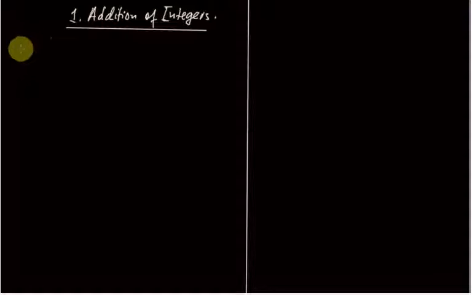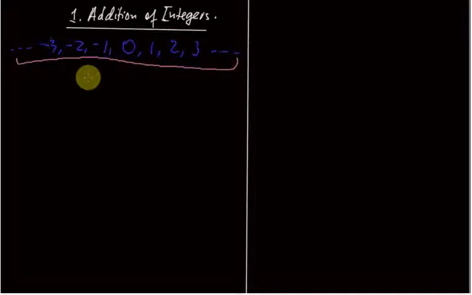So negative counting numbers, we can start as down as from -3, -2, -1, and then 0, and then counting numbers themselves, 1, 2, 3, etc. So these are what we mean by integers.